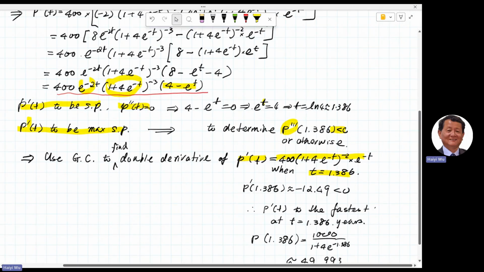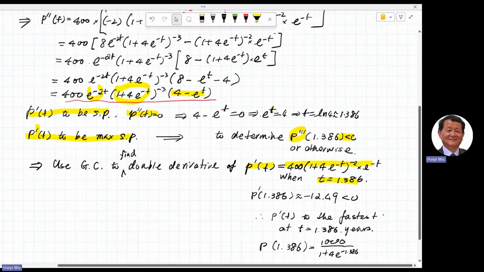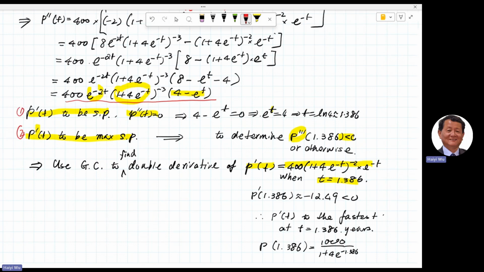So that's a complex familiar. The reason it's complex is that it uses three derivatives. First, the derivative is the rate of change. Then you do the second derivative to determine the stationary point. Then you have to do a third time, the double derivative of the first rate of growth, to decide whether it's a maximum or minimum stationary point.